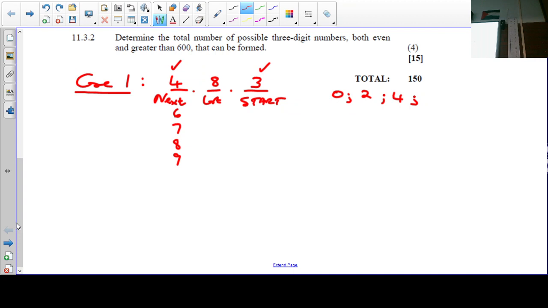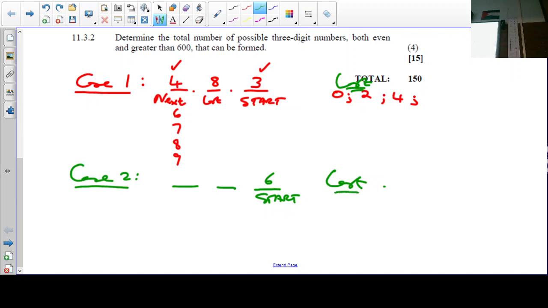Let's look at case 2. Again, it's a 3-digit number. We start off by saying the last number is going to be a 6. How many options do I have there? 1.